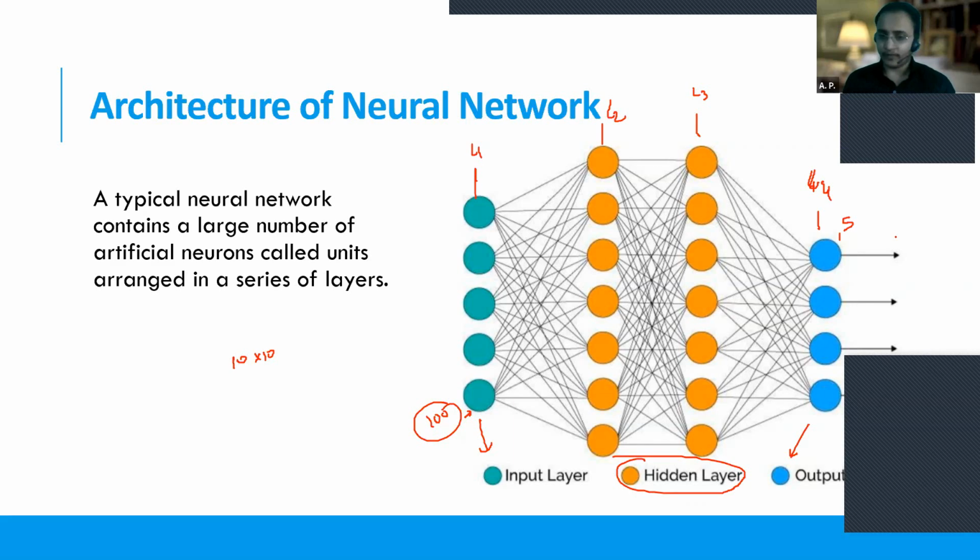And if each image is of shape 20 by 20, I will have 400 neurons in the input layer. So input layer neurons represent the number of features, like pixels in case of images, and output layer neurons represent the number of labels or classes, as in how many class classification I have to do.